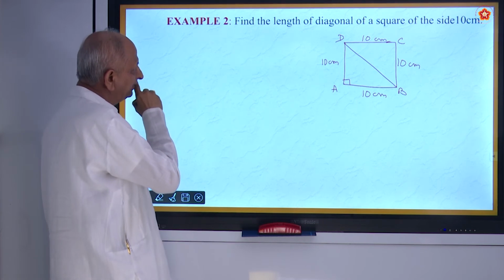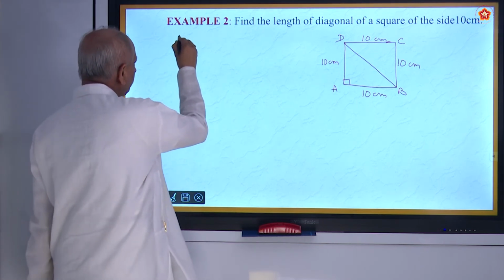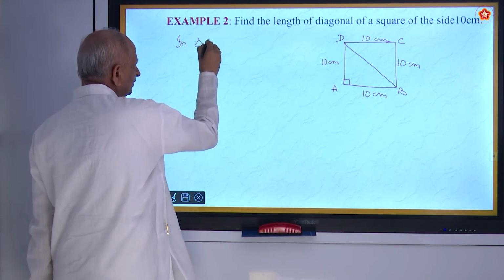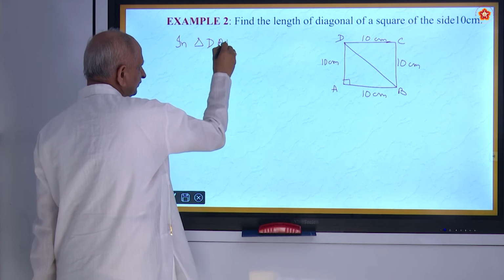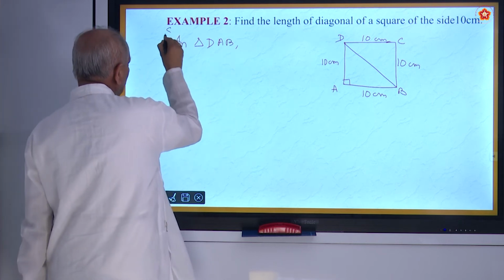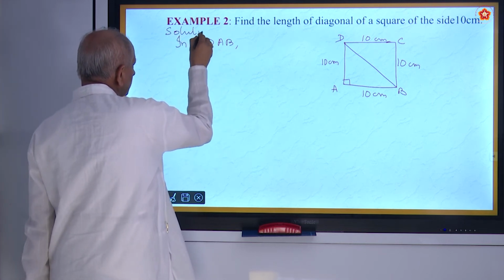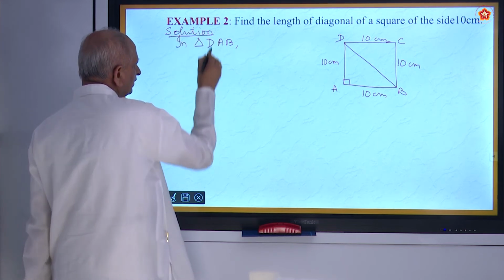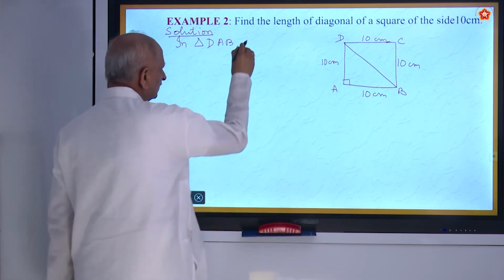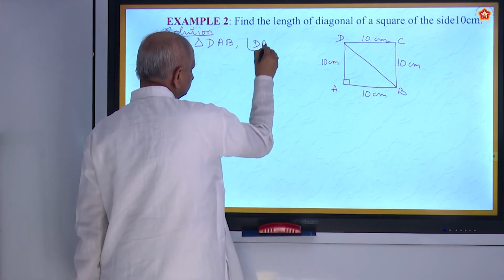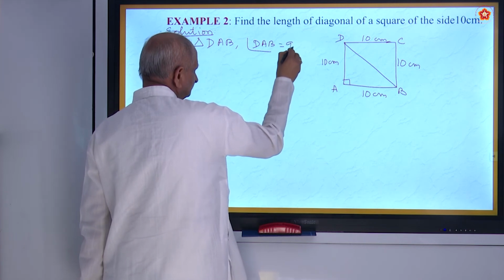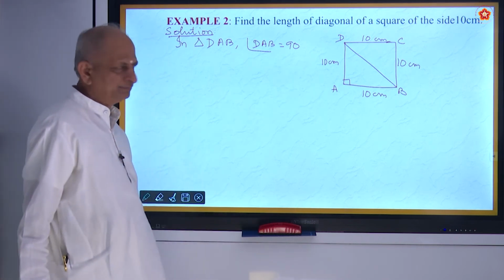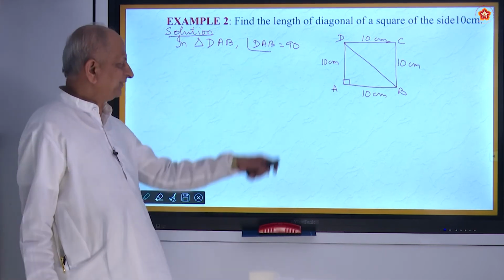Side of the square is given as 10. So you can write the solution. In triangle DAB, angle DAB is 90. Why is it 90? Because in a square all the angles are equal. So what kind of triangle?